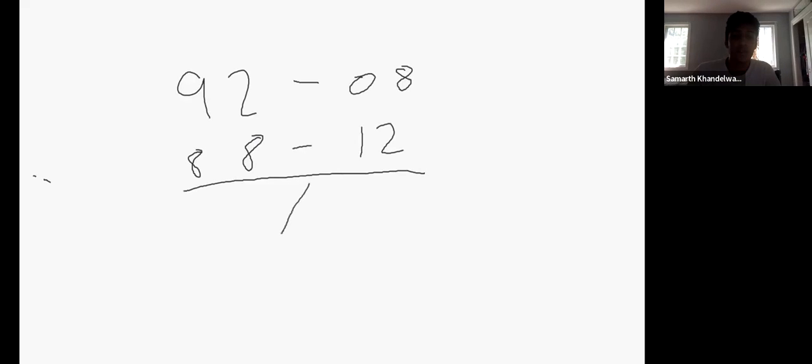Now, what is 12 times 8? I'll give you this one for free. That's 96. So that's what's going to go on the right side. And now, 88 minus 8 is equal to 92 minus 12, which is equal to 80. So remember the cross subtraction. It's the same both ways. This is going to be 80, 96. So remember, this method works even when these are like even lower numbers.